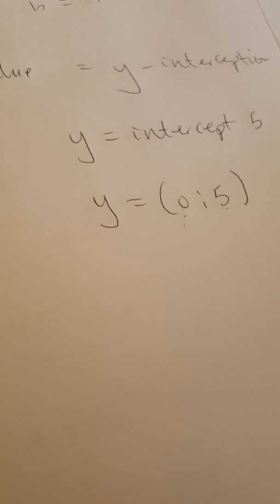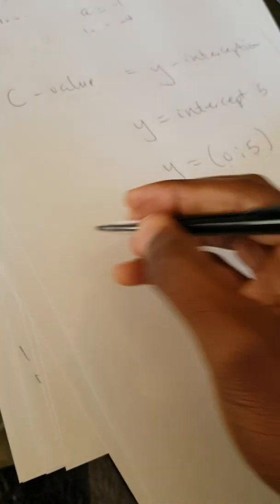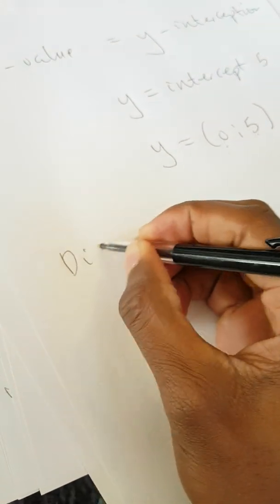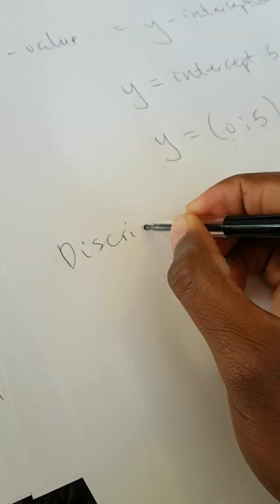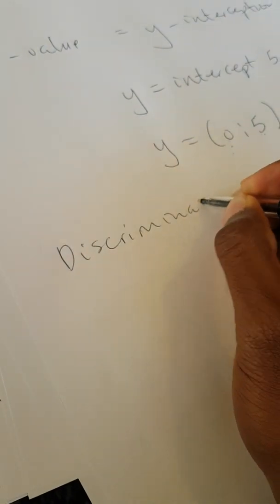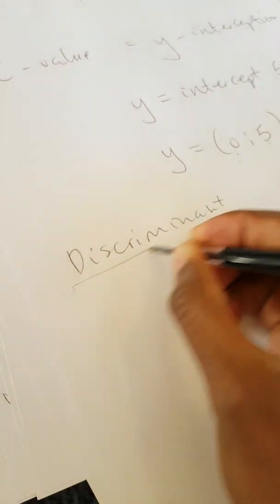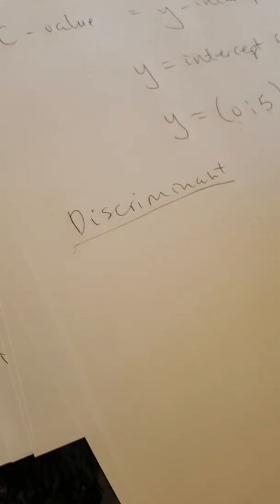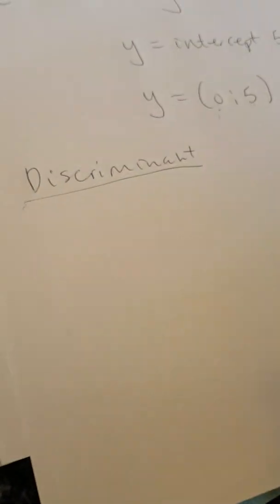So y-intercept is at 5, and along that line x is at 0 when y is at 5. One more thing, we need to know how to calculate the discriminant, guys. Okay, so now let's do the discriminant. How do we calculate the discriminant? This is a very complex and interesting part.